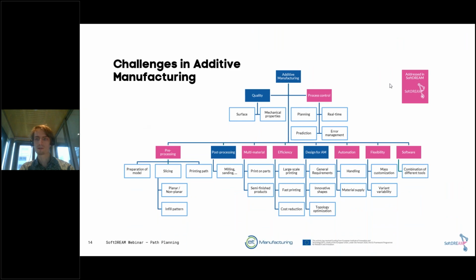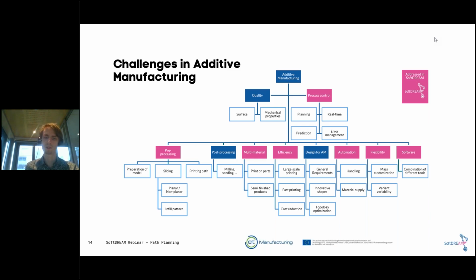So when you look at the overall challenges that you might have in additive manufacturing, we are trying to address quite a few of them. First of all, the pre-processing is of course very important, especially when you're talking about generating toolpaths for a 6-axis system. So we address everything from slicing to generating the non-planar patterns that you might be interested in for more complicated geometries.